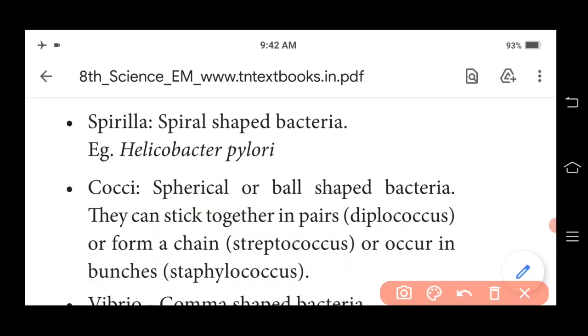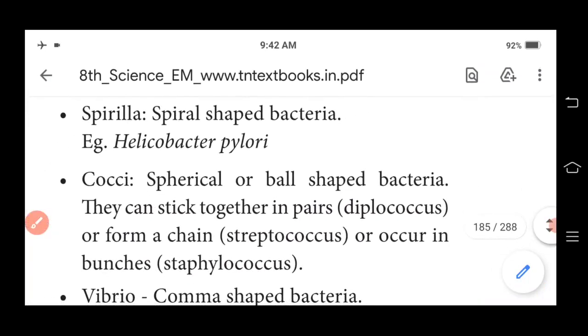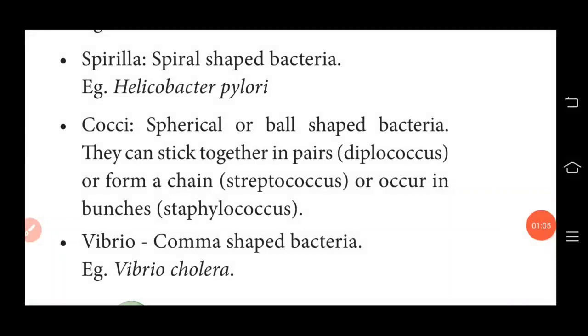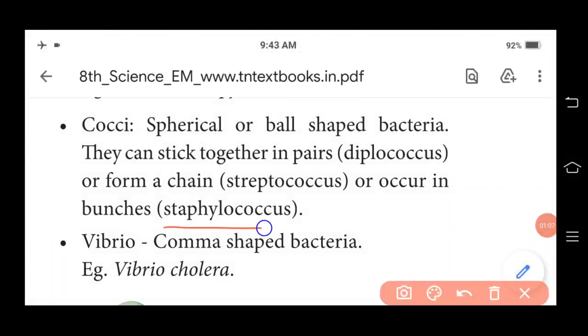They can stick together in pairs, diplococcus, or form a chain, streptococcus, or occur in bunches, staphylococcus. And then vibrio, comma-shaped bacteria.